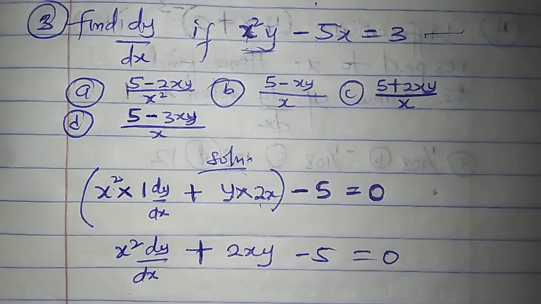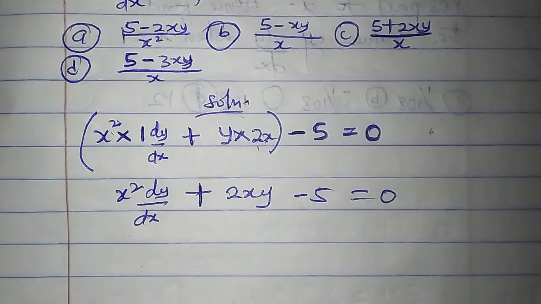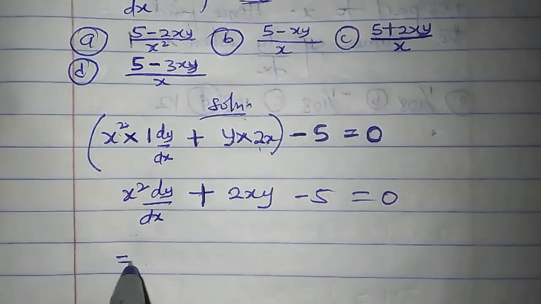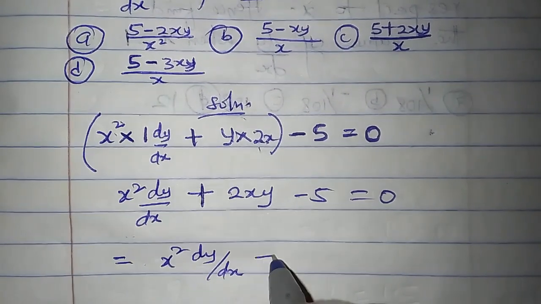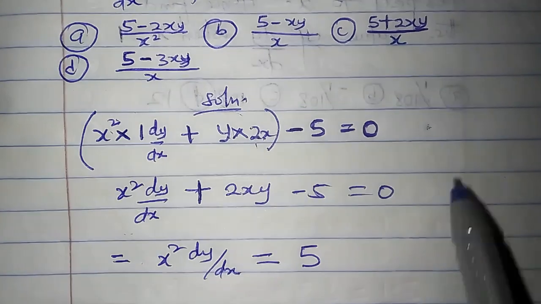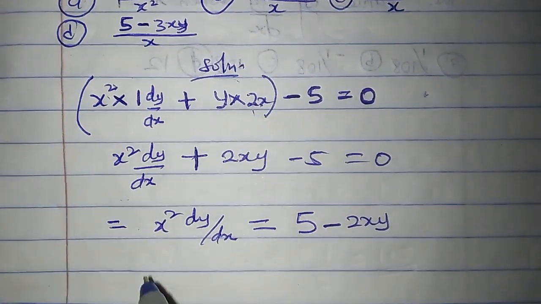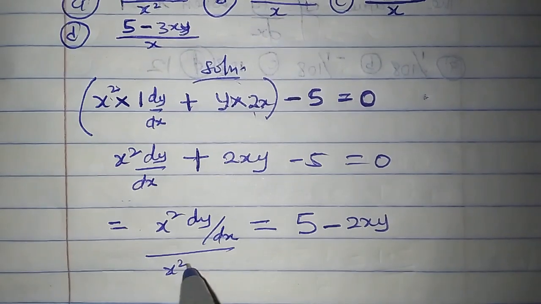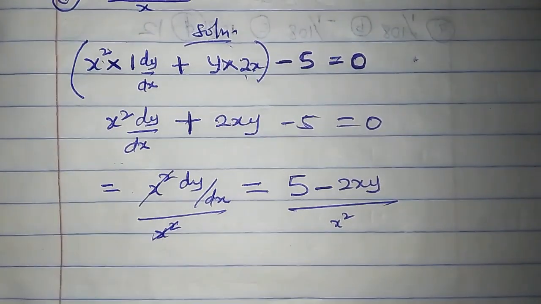So my job now is to make dy dx the subject of the formula. That's what I will do now. So I will collect like terms. So this is it. x squared dy dx is equal to 5 will cross and turn to plus, 2xy will cross and turn to minus. So what I will do now is to divide both sides by x squared. x squared cancels x squared.